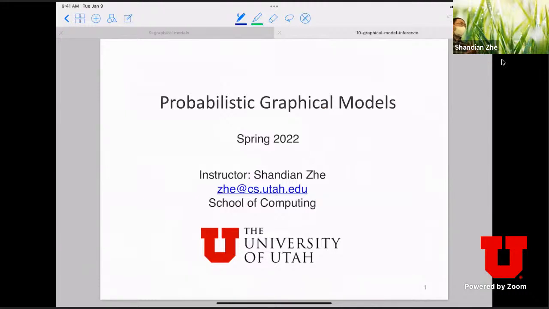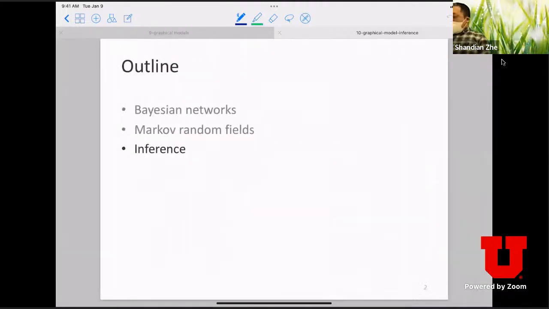That means we have a powerful tool to express the relationships between the random variables. But our problem has not been solved, right? We have this tool for representation, but we need a tool to calculate, right? Given the data, how can we infer the probabilities and the distributions of different nodes?